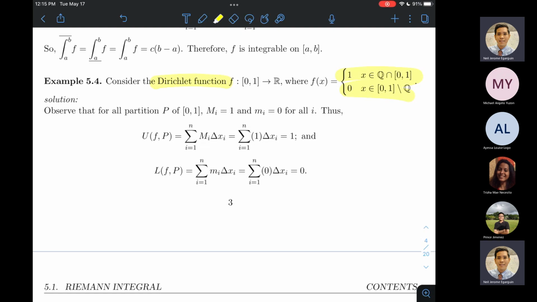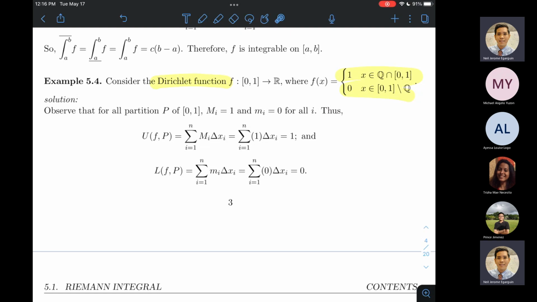Nung nag-usap-usap tayo about limits, may examples before ng isang function na walang limit. So, tama ba? Walang limit? Or something like that. Alright? So, ito ay hindi natin nabigyan ng value ng integral sa Math 36 definition. Pero napakasimple kasi ng function na parang imposible na hindi natin siya pag-usapan insofar as integration is concerned.